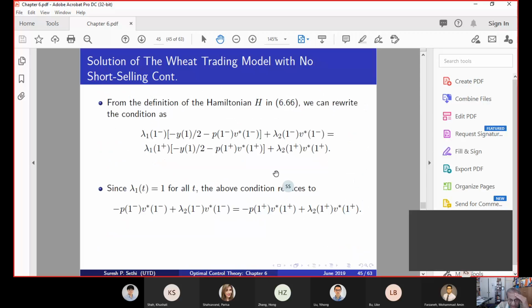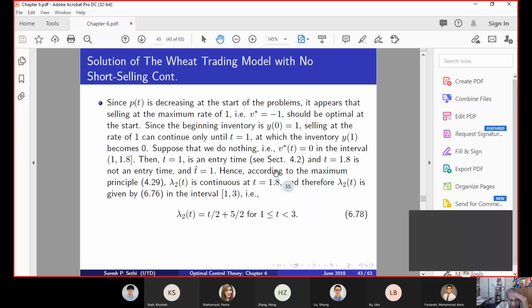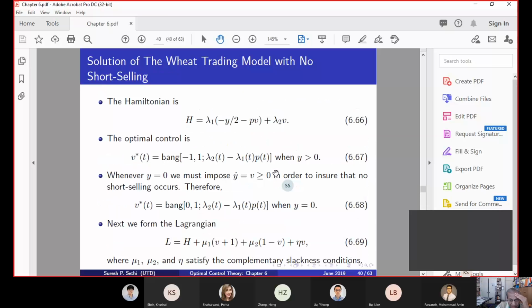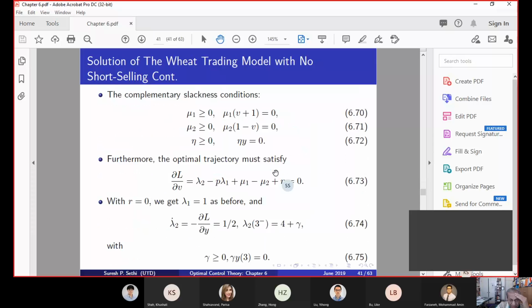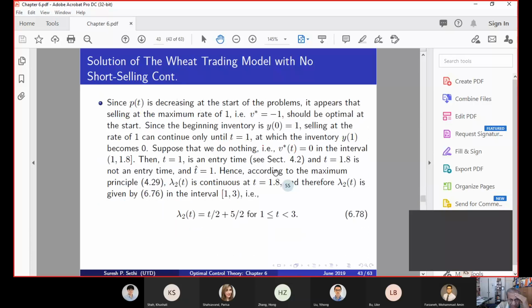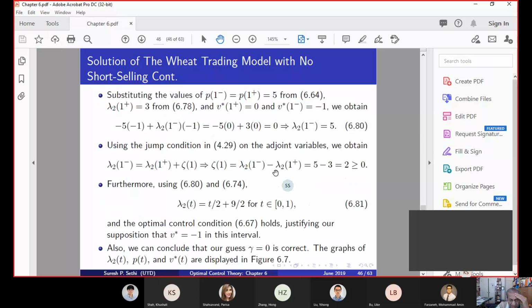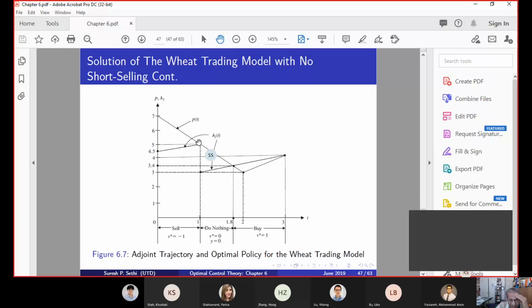So you can see that I actually got lambda 1 minus equal to 5 exactly here. So my Hamiltonian condition starting at this point, I already know the condition of this point, and I can conclude the condition on this point.